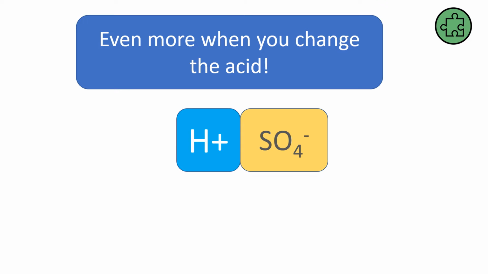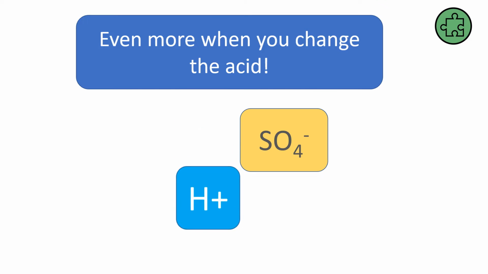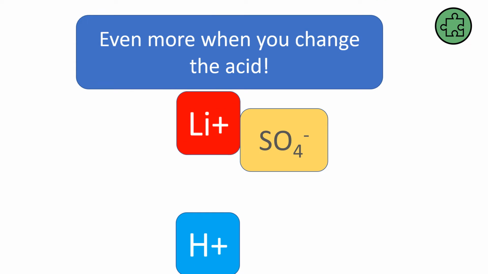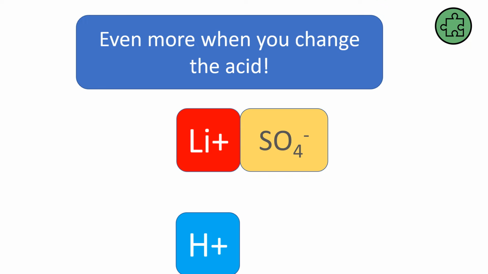And if I change the acid, so hopefully you recognise here this is sulfuric acid, H2SO4. Again, if I remove that hydrogen and I replace it with a metal, this time this is lithium sulfate, or iron sulfate, or zinc sulfate, or sodium sulfate, and it can go on and on. You know the periodic table is what, 2/3 metals, so there's loads and loads of options.